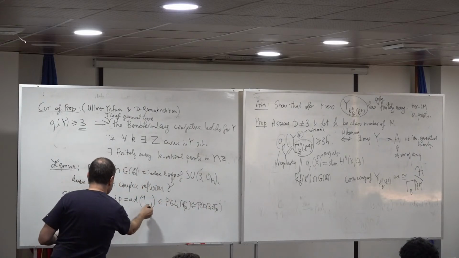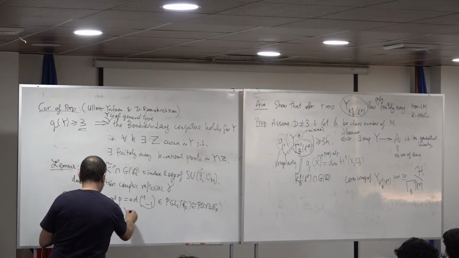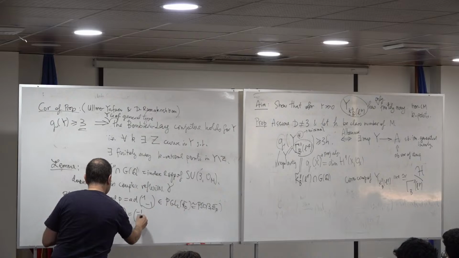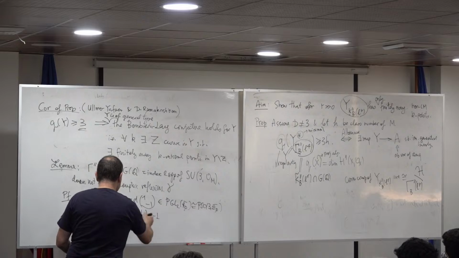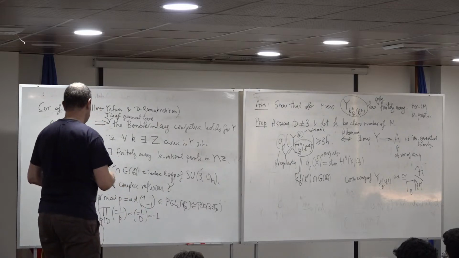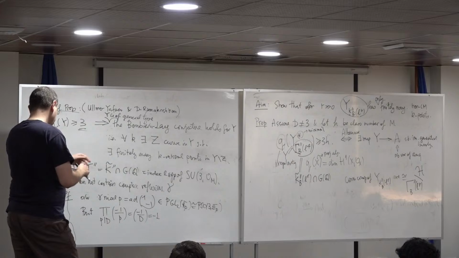I mean, this is in PGL2 and the adjoint is in PSO. But what's happening is that the product over p dividing D is minus 1 over D, and this is minus 1. And that's a contradiction because we assume that we are not in the subgroup.